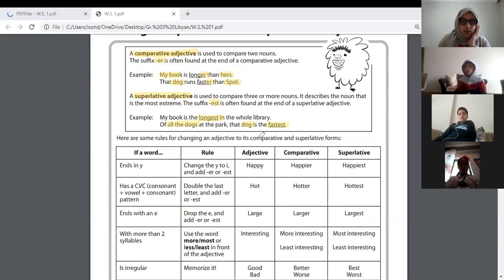If a word ends with Y, we have to change the Y and put I when we add ER or EST. For example here, happy is ending in Y, so we remove the Y and we add IER when we're comparing between two nouns. And when we're comparing between more than two nouns, we add IEST.